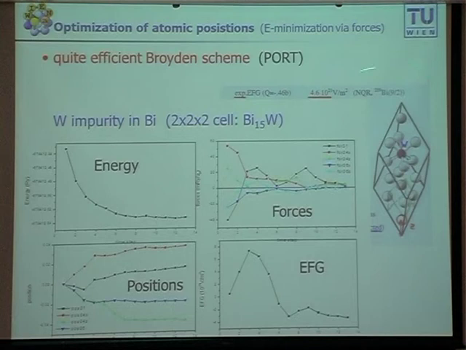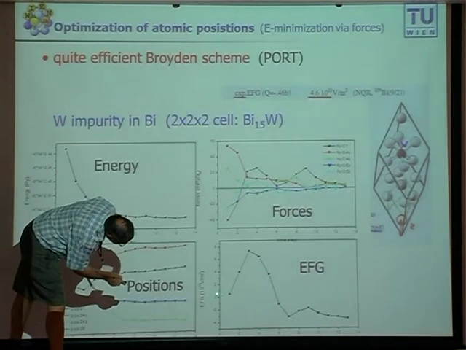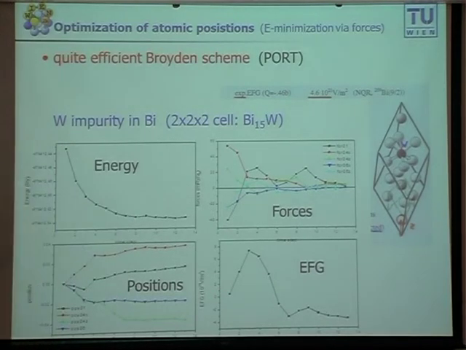That can be measured by nuclear quadrupole resonance. And if you start in the starting geometry, you get out, I don't know, 0.5. So the calculation does not agree at all with experiment. After you do your structural optimization, you end up with a field gradient which has this value of 4 or something like this, in reasonable agreement with experiment.